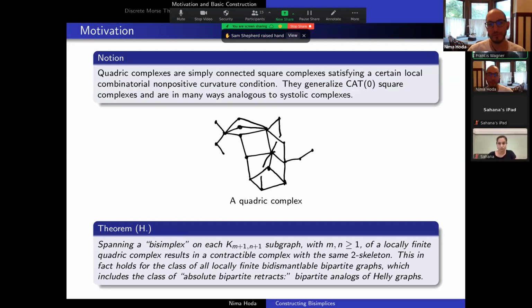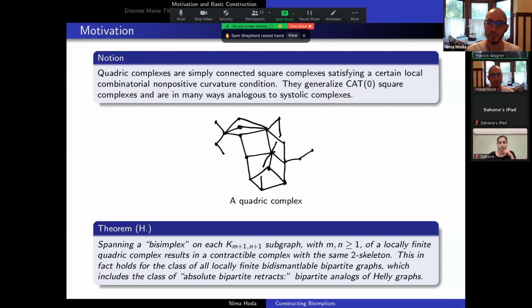Yeah, I think probably not. Just by analogy to systolic complexes, the natural thing to do in systolic complexes is to deal with things very combinatorially.